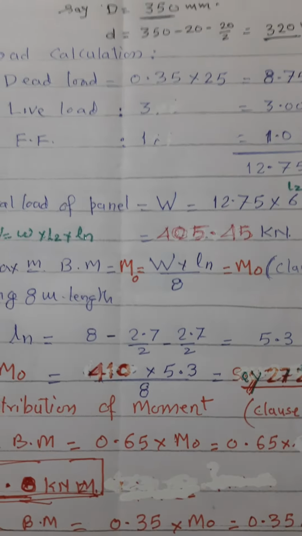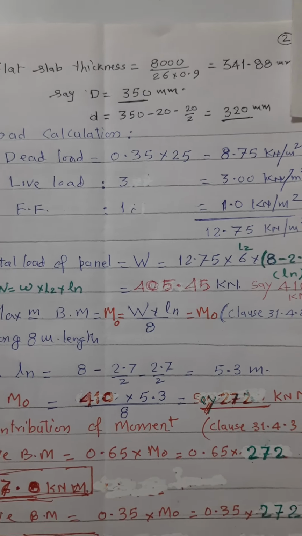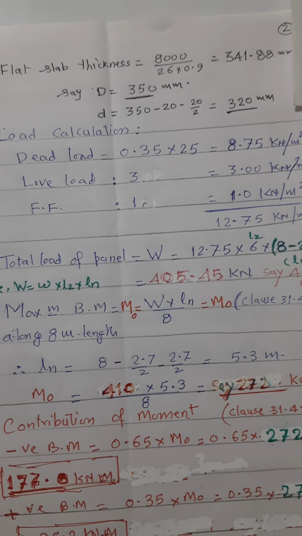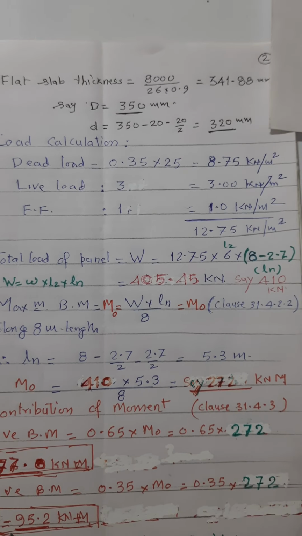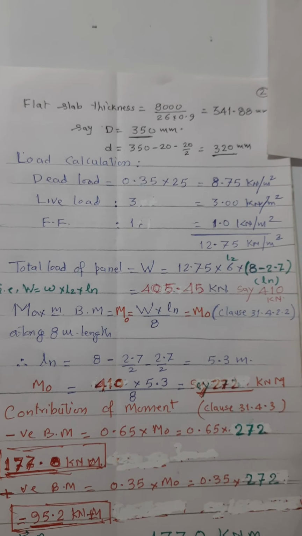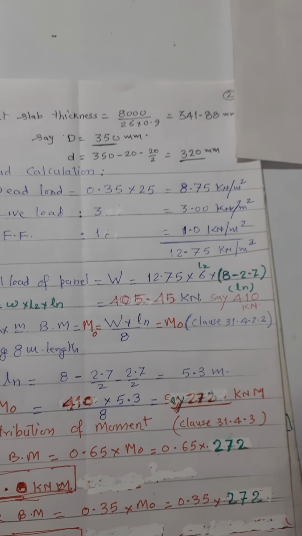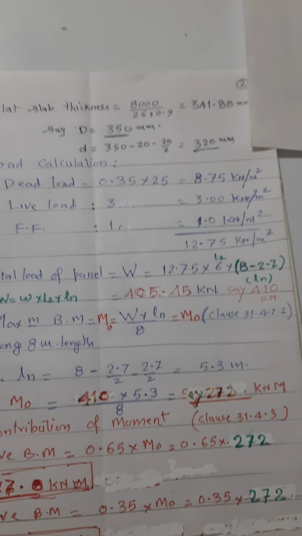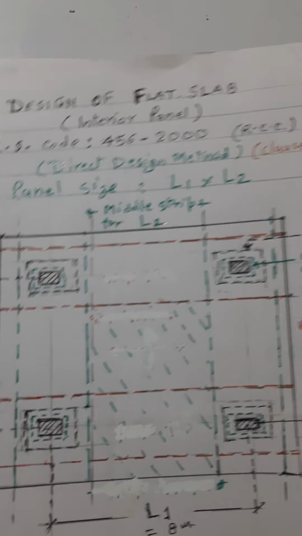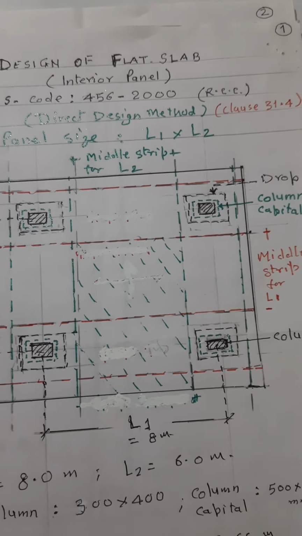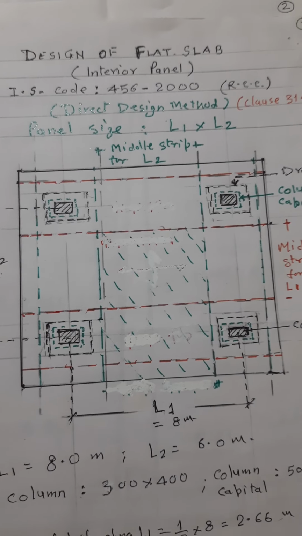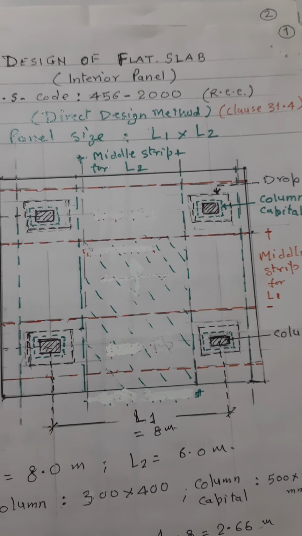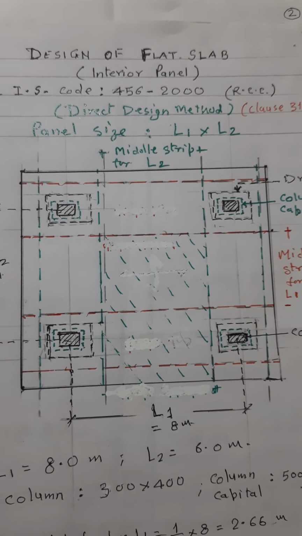Now we'll go for the next part. How to find out the depth? As per the code, select the largest span. Being continuous, as per the clause, it is span by 26 into modification factor.